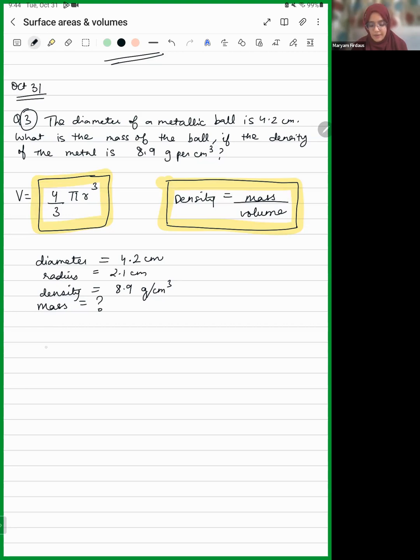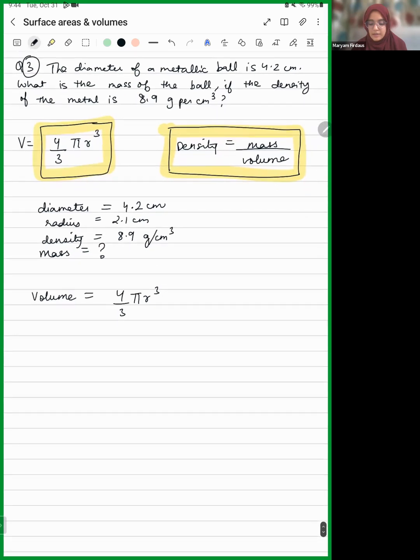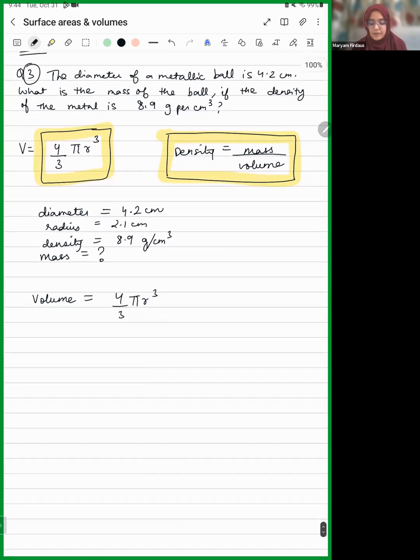So yes, now quickly find out the volume. The first step is finding out the volume of the sphere, of the ball. 4 by 3 pi r cube. And as always, we will mention the formula that we have used.